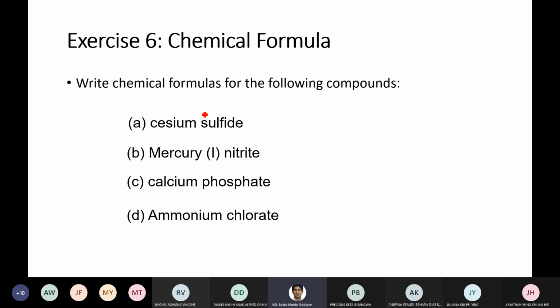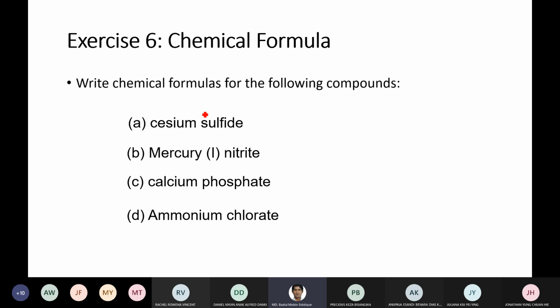So we should be able to write chemical formulas, or when given a chemical formula, we should be able to know its name, because it's important. If we do not know the name of the chemical compounds, we will not be able to identify them or find out their properties. So we have to find the name or express it.